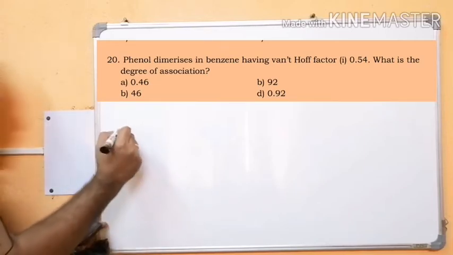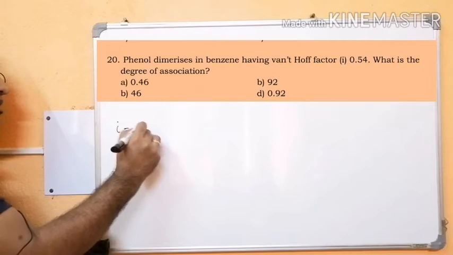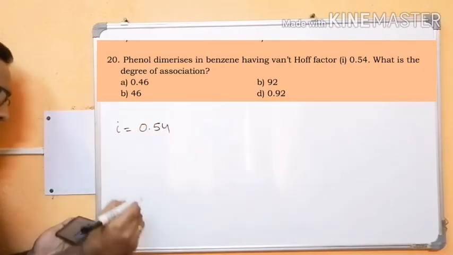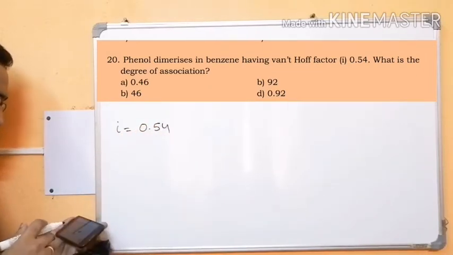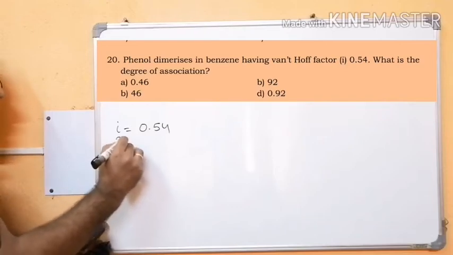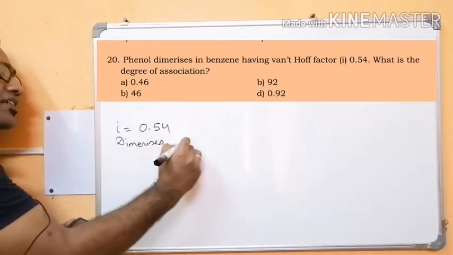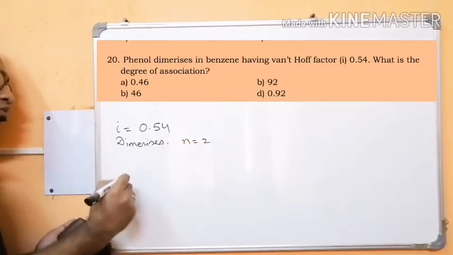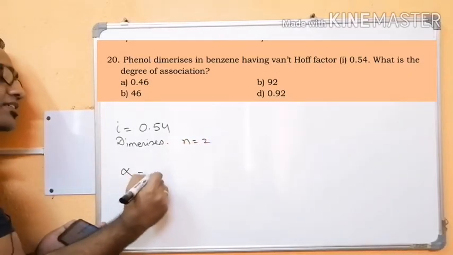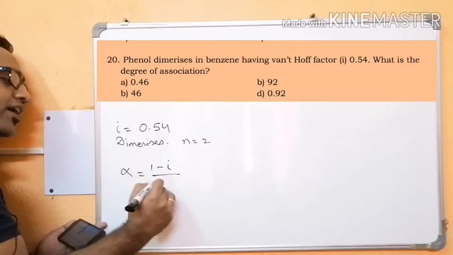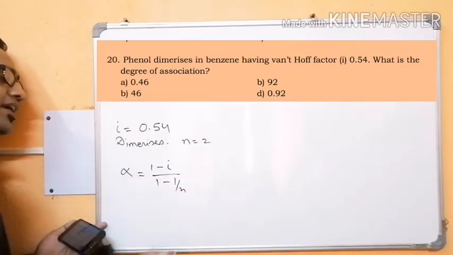So here the Van 't Hoff factor i is given, which is 0.54, and it is given that phenol dimerizes. So when it dimerizes, the n value is 2. So we can easily find out alpha is equal to 1 minus i divided by 1 minus 1 by n.